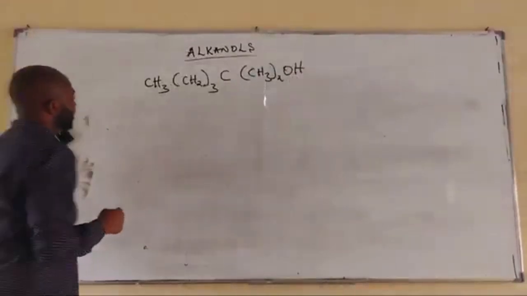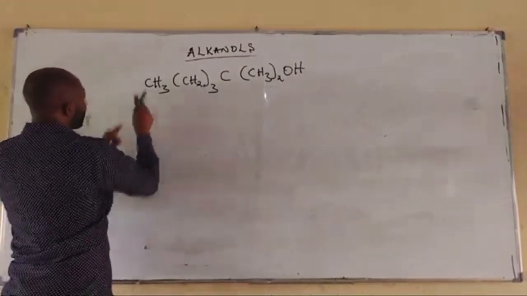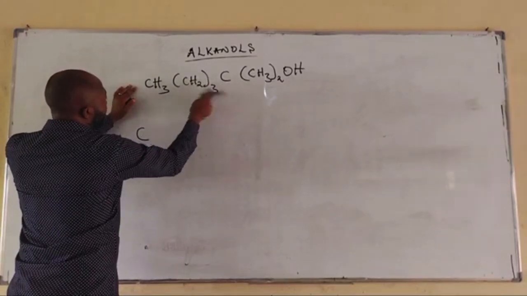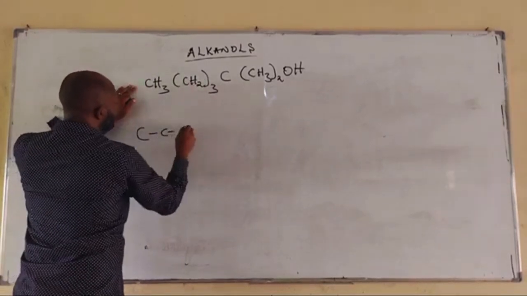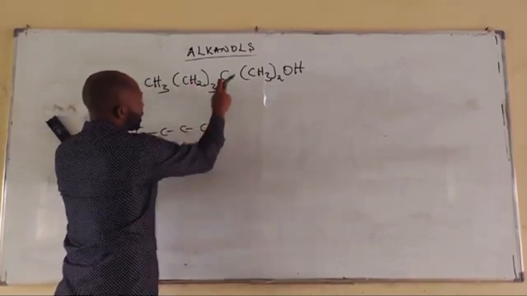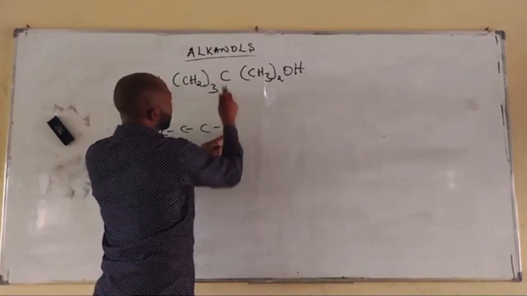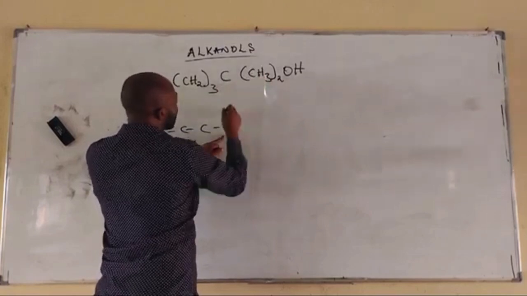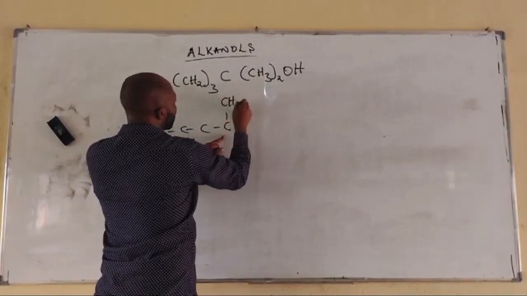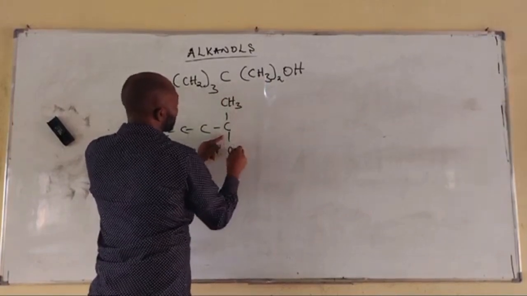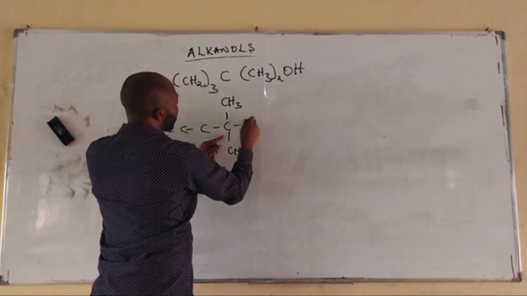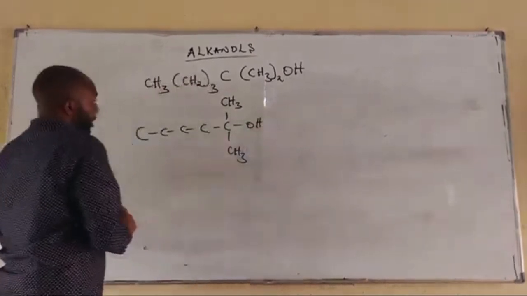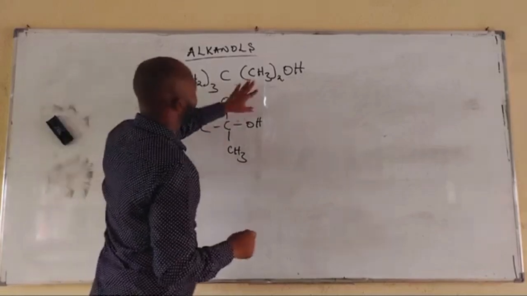Let's start. This is my first carbon here, and they say I should write 3 of CH2. 1, 2, 3. And I'm in this carbon. This carbon is having 2 CH3 and OH. This is exactly what is in the last carbon.